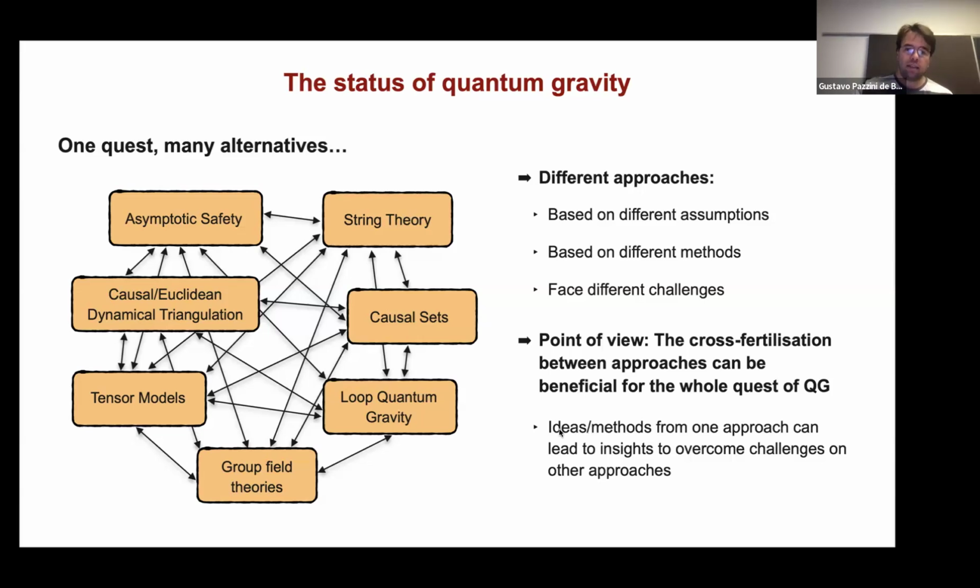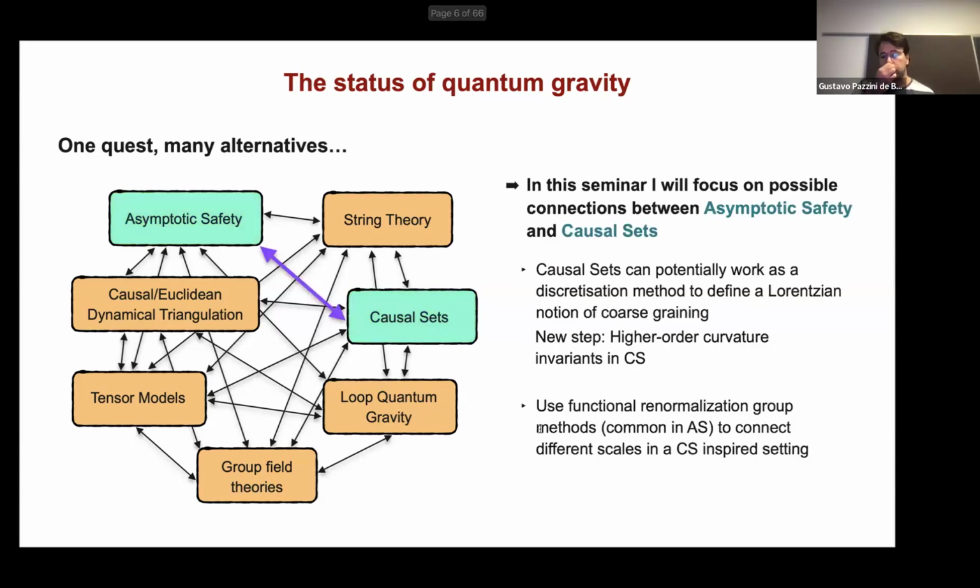Okay, and in this talk, we are going to do this by connecting two different approaches, causal set and asymptotic safety. And I guess the connection to asymptotic safety is the reason why I was invited to give this talk in this seminar series.